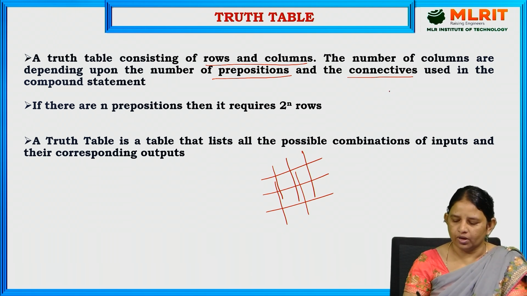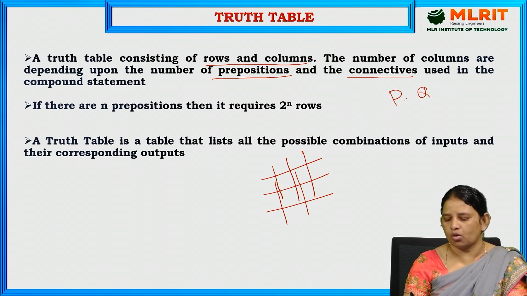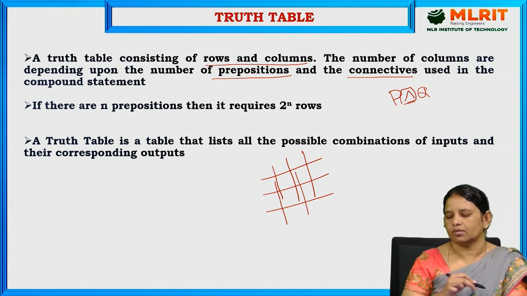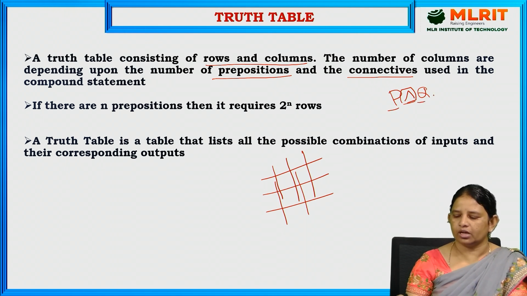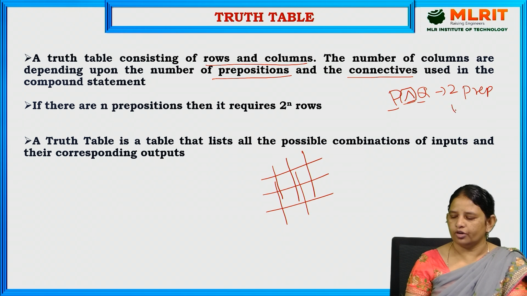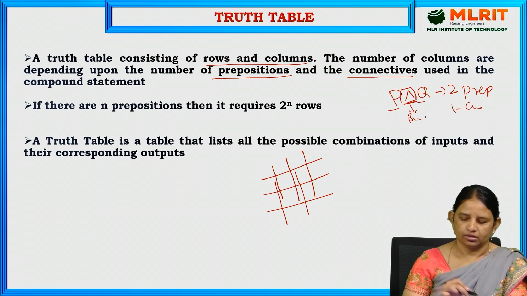For example, there is P, Q and the connective is "or": P or Q. There are two propositions present and one connective symbol. It is a binary operator.